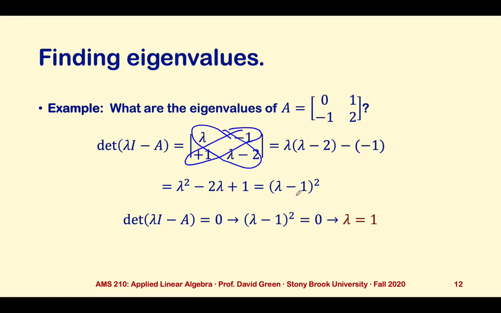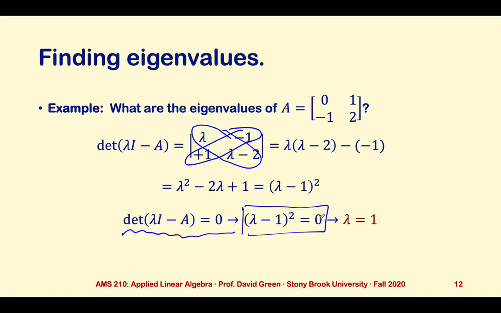And this, again, is directly the form of lambda minus 1 squared. -1 squared gives us +1, -1 plus -1 gives us -2. So the determinant of this expression, the characteristic polynomial, will be equal to 0 when this term is 0.